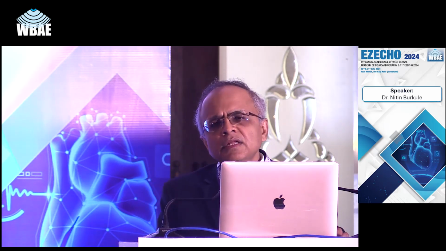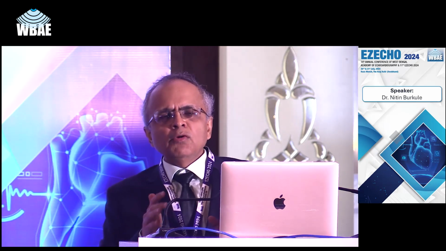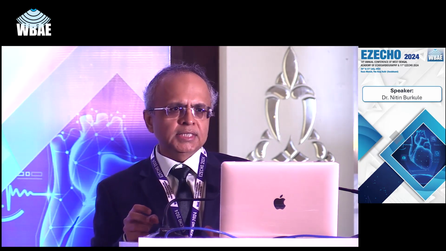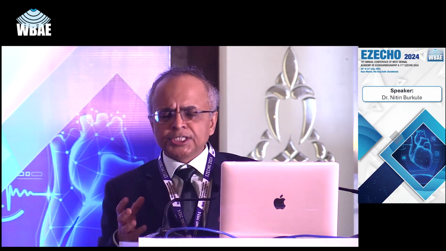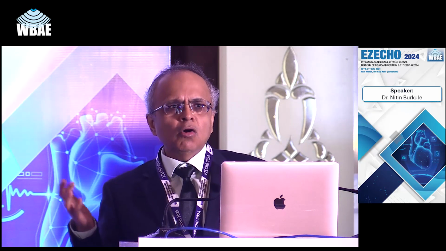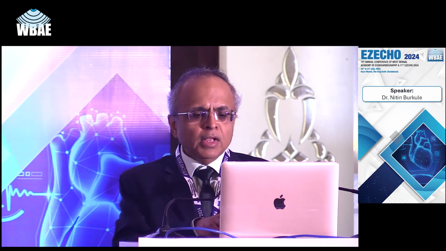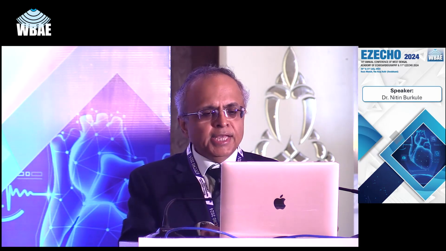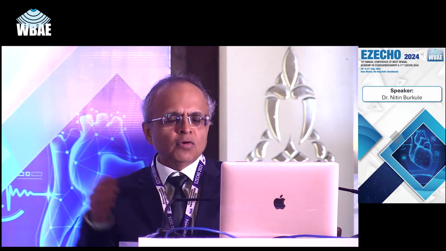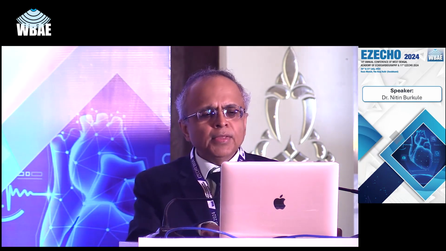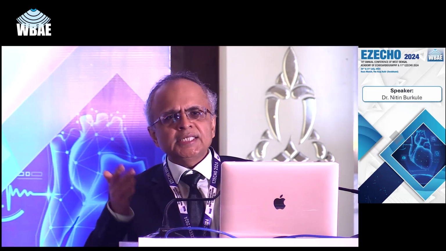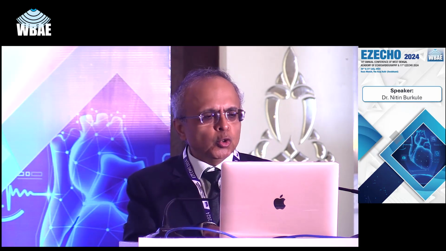Then the concept now in valvular heart disease is not just to quantify the stenosis or regurgitation volumes and so forth, but to look at the myocardial health of the left atrium or left ventricle. So how do we look at it? By echo, obviously with the GLS for the LV, and obviously strain analysis of the left atrium. There are lots of papers on GLS in mitral regurgitation, but let me show you only one.